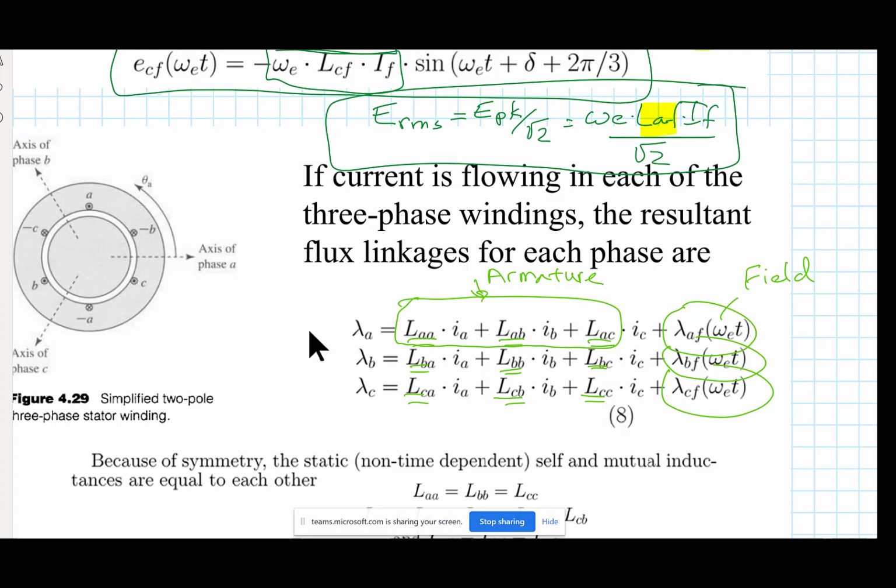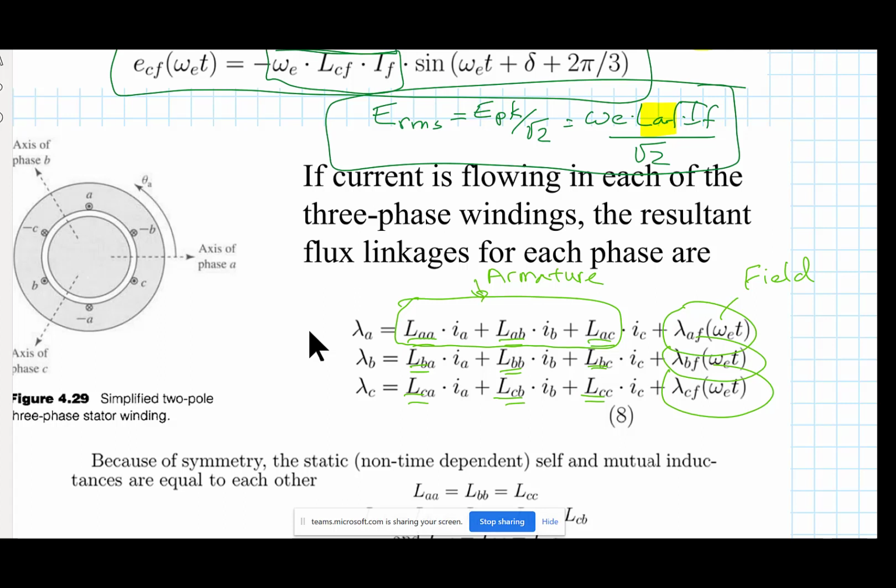The DC machine is very straightforward because it has one armature winding that you can physically see and one field winding. In the DC machine, the field winding is on the stator and the armature winding is on the rotor. In the synchronous machine, it's inside out from that. In the synchronous machine, the armature is on the stator and the field is on the rotor.